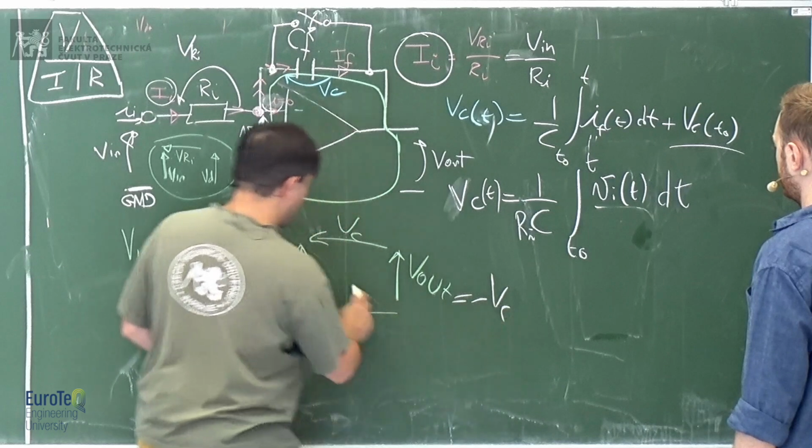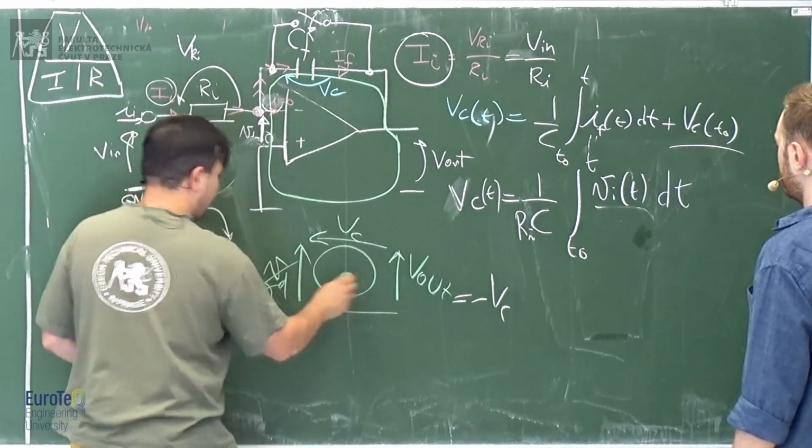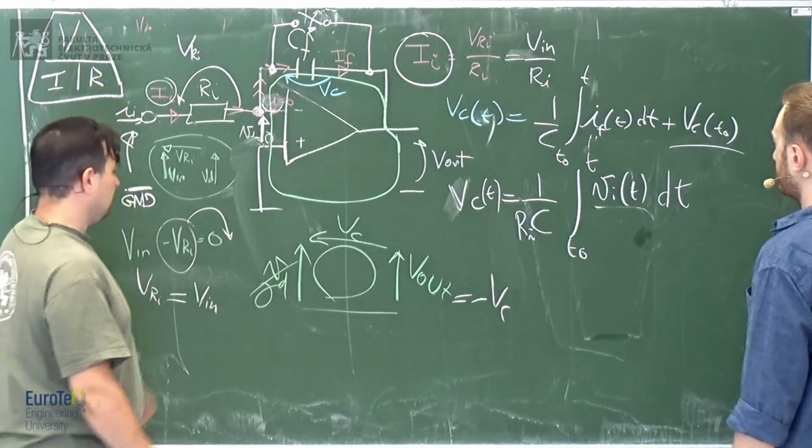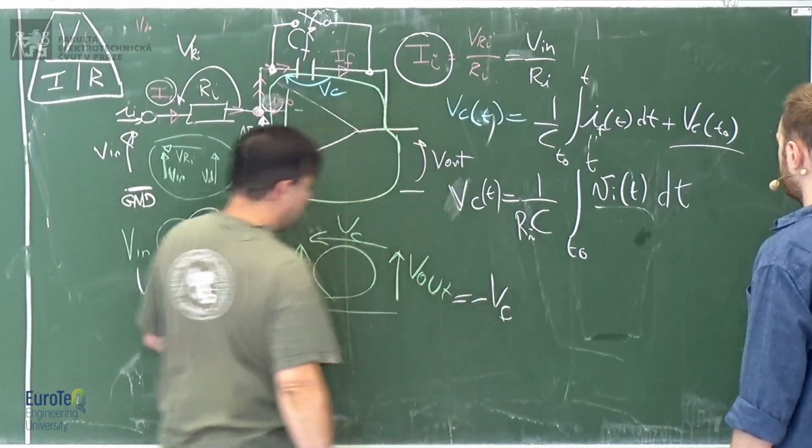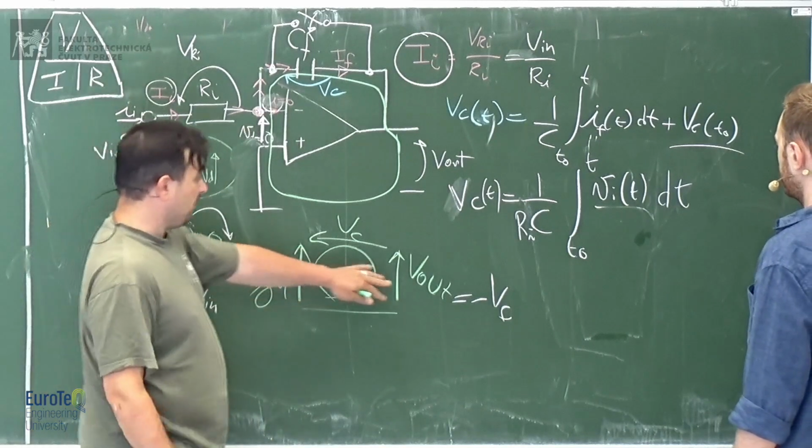So you just apply Kirchhoff to this loop, and you get that V out is equal to minus VC.